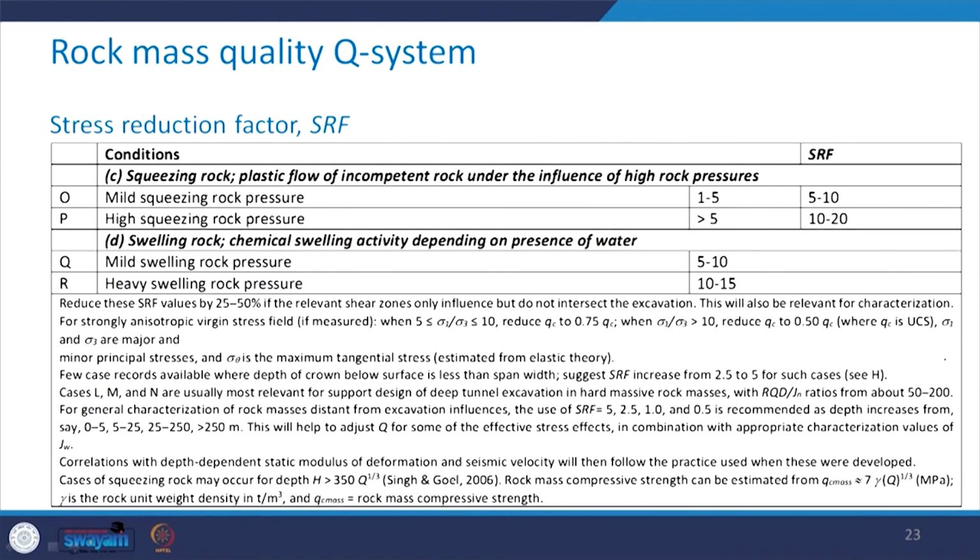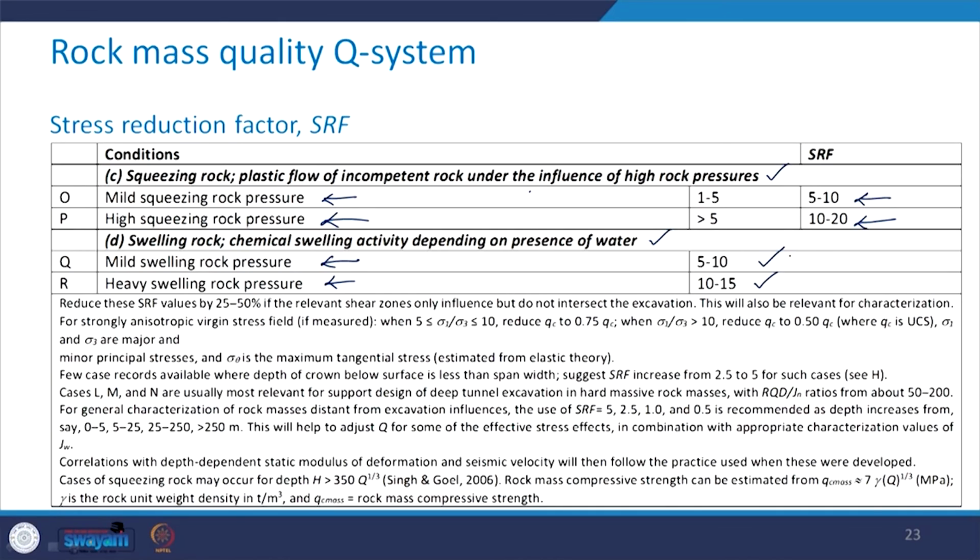Third one is for the squeezing rock, where the plastic flow of incompetent rock under the influence of high rock pressures is there. In case of mild squeezing rock pressure, the SRF will take the rating between 5 to 10, and for high squeezing rock pressure this will be 10 to 20. This was for the squeezing rock. Now for the swelling rock, where the chemical swelling activity depends upon the presence of water, if you have mild swelling rock pressure, you will have the rating of 5 to 10, and in case of heavy swelling rock pressure, you will have the rating 10 to 15.